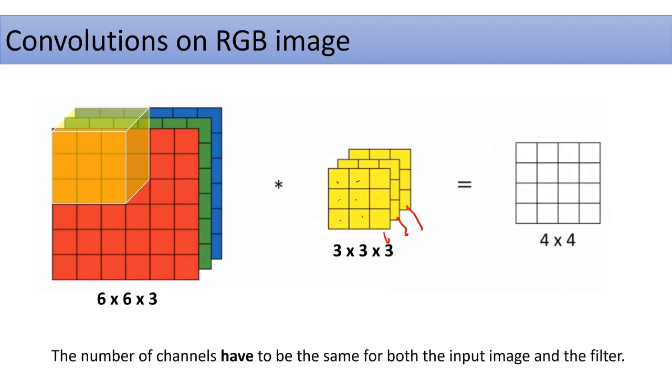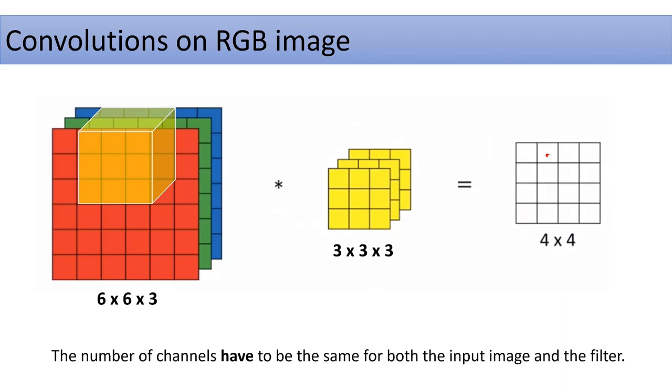These 9 are to be multiplied with the corresponding 9 points, and then we just add them up to get one number. We do the next step by sliding the box one step towards the right, and we again get a number over here. We do the same thing continuously for the entire input image.